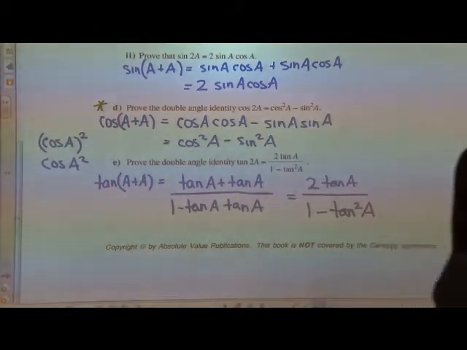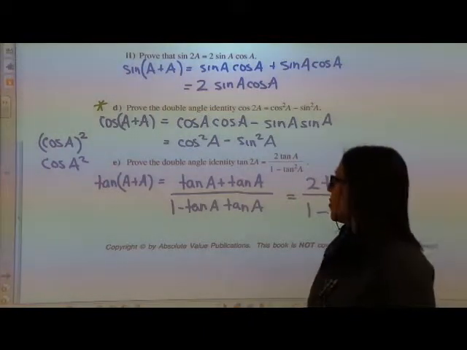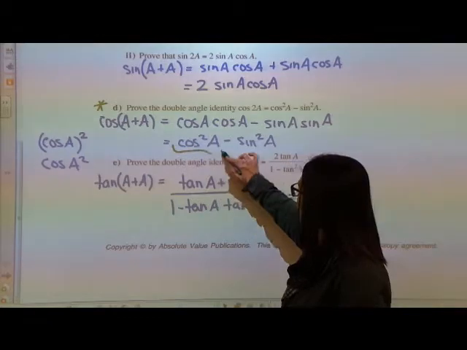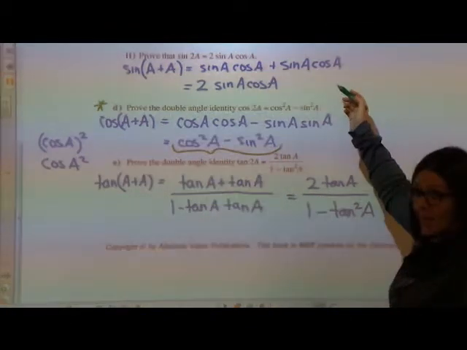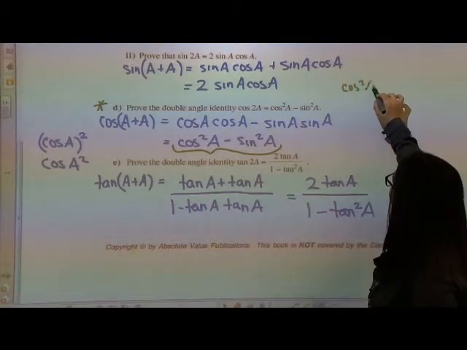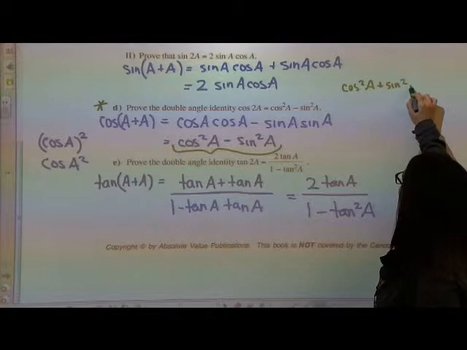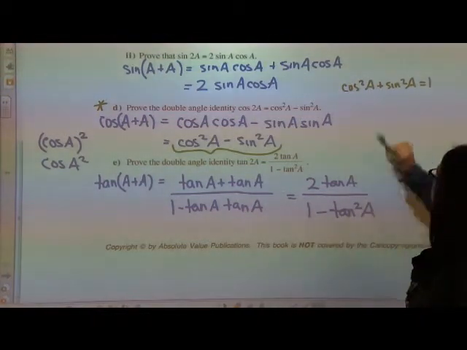has a little bit of a contingency, because in this spot right here, I can go back to my Pythagorean identity, which says cos squared A plus sine squared A equals 1. And then I could rewrite that around.